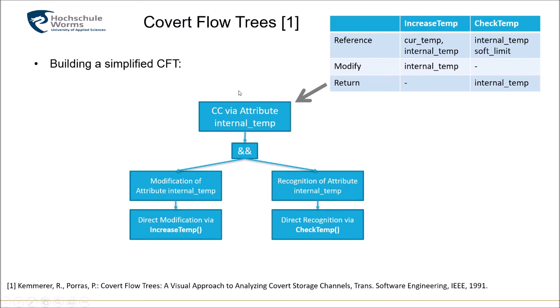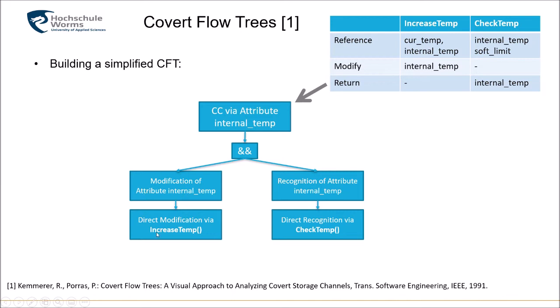But the core idea is you select an attribute like internal temperature, and you have logical conditions, logical ORs, and logical ANDs. In this case, if you want to establish a covert storage channel, you need to have both a modification of the attribute internal temperature and a recognition of the attribute internal temperature. Only if both is available, you can establish the covert channel.